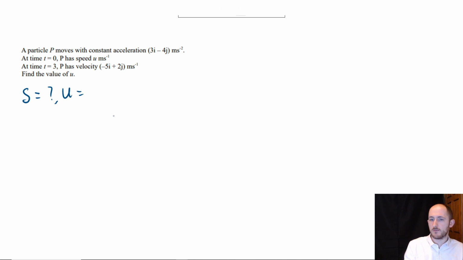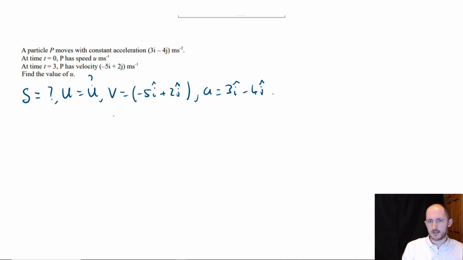U is equal to the U vector. It's basically what we want to work out, so we can call it question mark as well. V is equal to minus 5i plus 2j. A is equal to 3i minus 4j. And lastly, t is equal to 3 seconds.